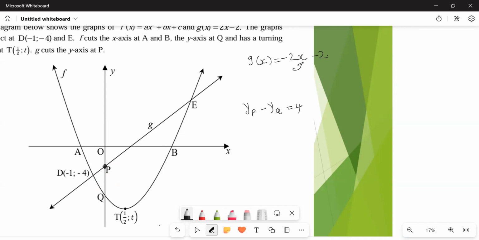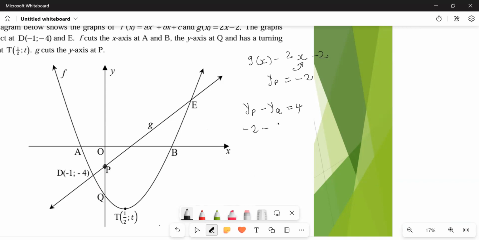Substitute 0 there, so y of p is equal to minus 2, because 2x minus 2 with x as 0 gives minus 2.